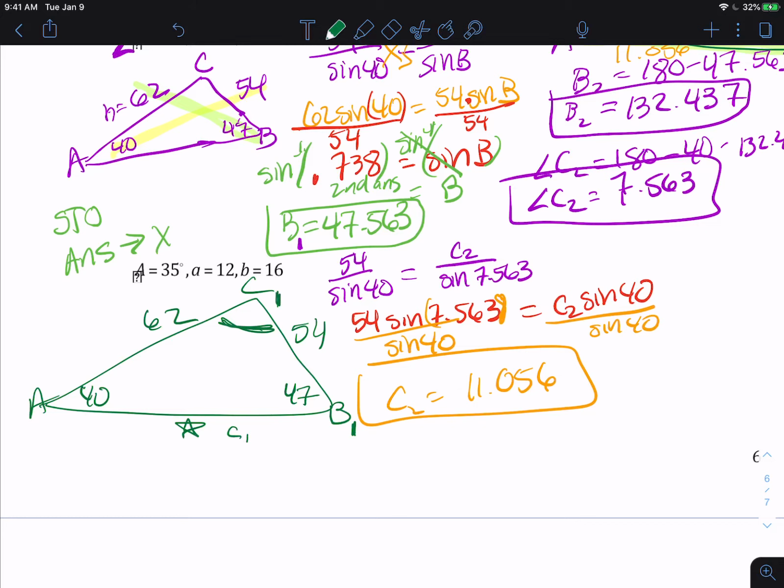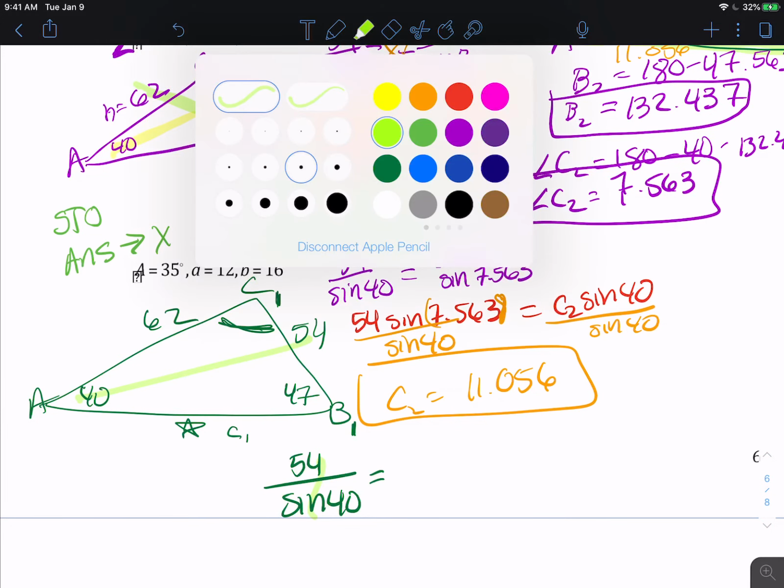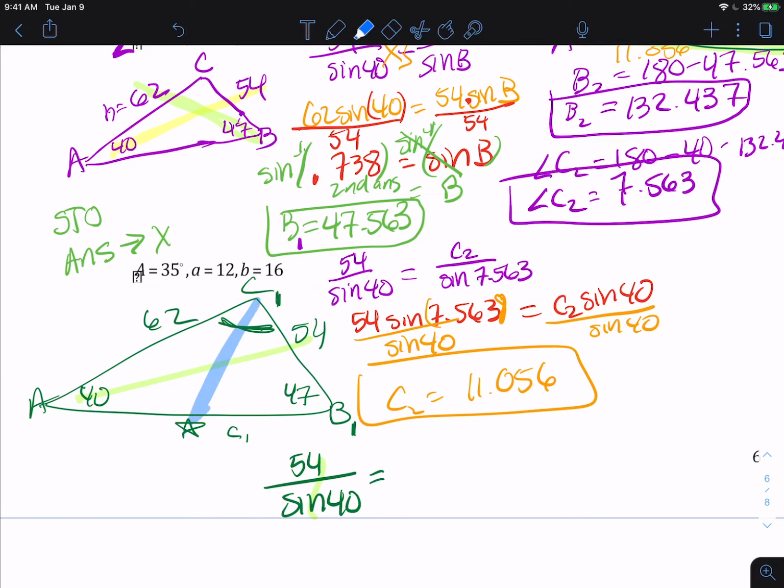So I'm going to set up my proportion yet again. We've got another set of proportions that we're going to look at. So we're going to do 54 over sine 40 equals, and then I want to do my proportion for my C values. So I'm going to do this one. So we do C1, which we were looking for, over sine of C1, the angle, which we didn't actually find yet.